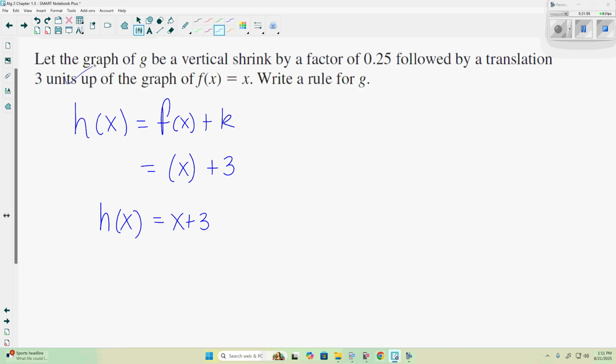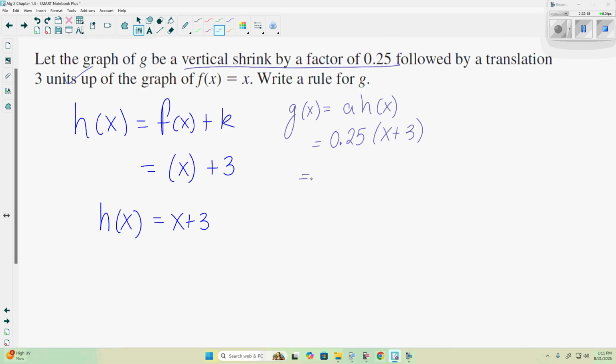Did that. Now we have a vertical shrink by a factor of 0.25. So our g of x is equal to a times h of x. So we have 0.25 times our x plus 3, yes?